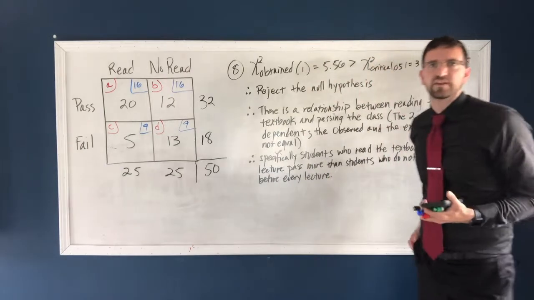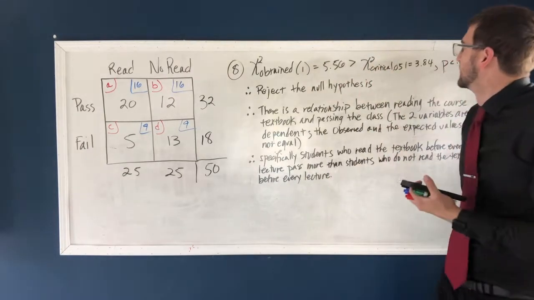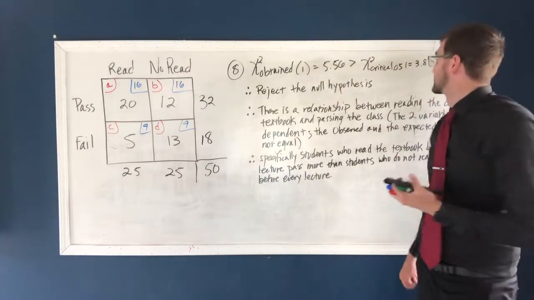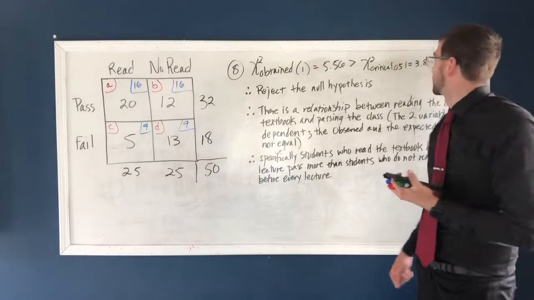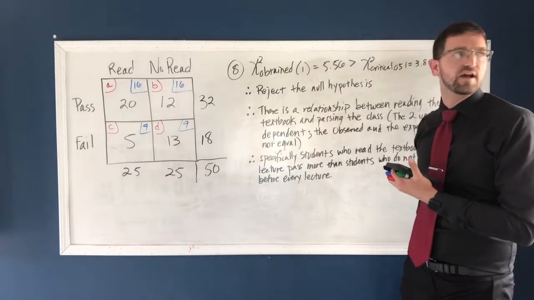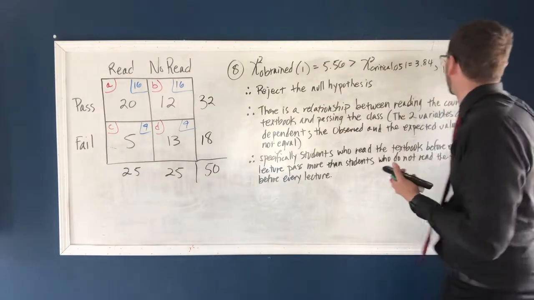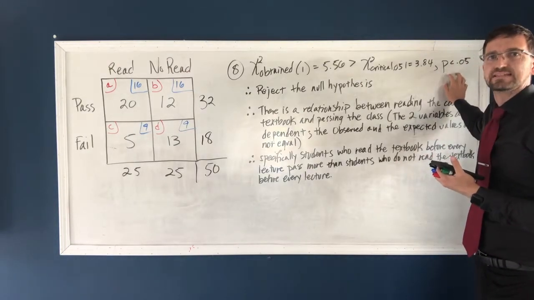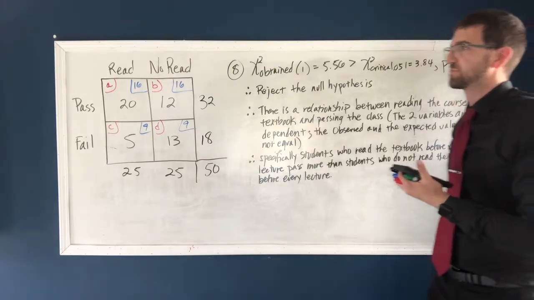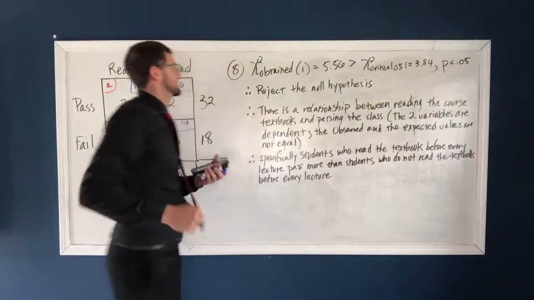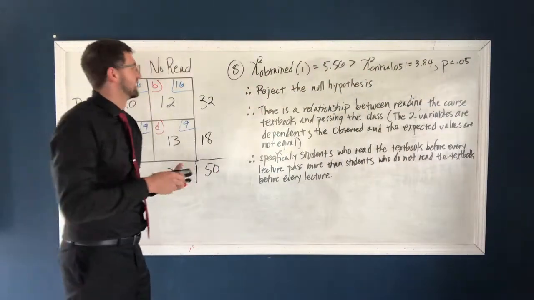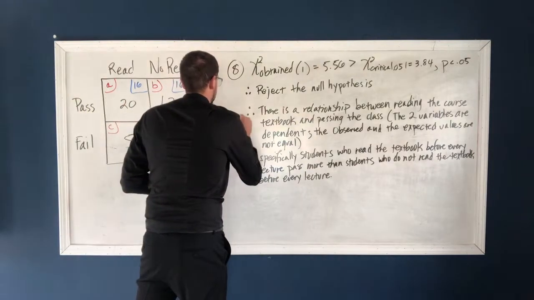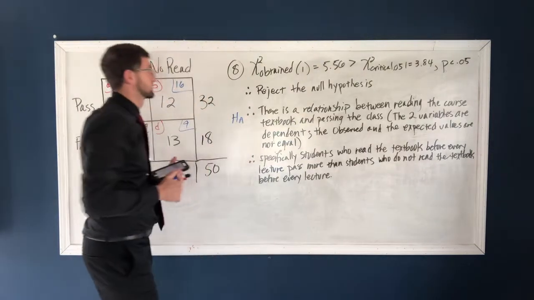Okay, so we found that our chi-squared obtained is 5.56, which is greater than the chi-squared critical value of 3.84. Because of this, our p is less than 0.05, or 5%. We're rejecting the null hypothesis, and therefore we're interpreting the alternative hypothesis.